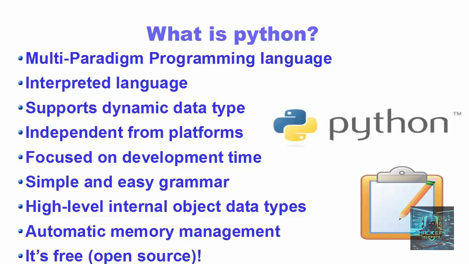So let's say you declare a variable x equal to 9 in Python. Python will do its type checking at runtime, whether it's an integer or a string or a double value. All will be done at runtime.